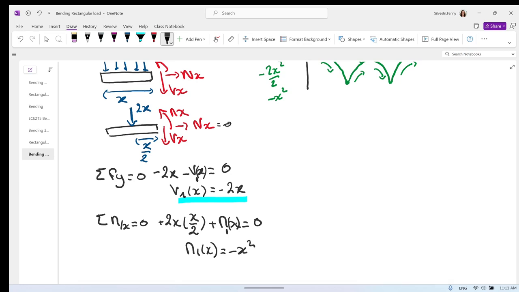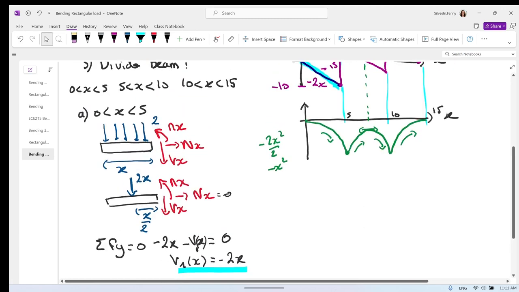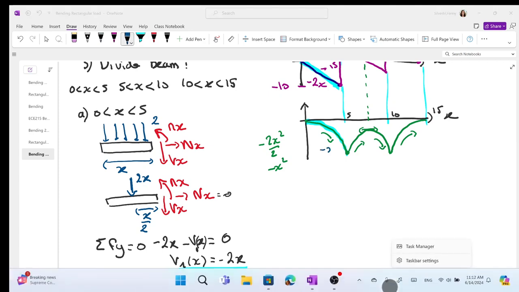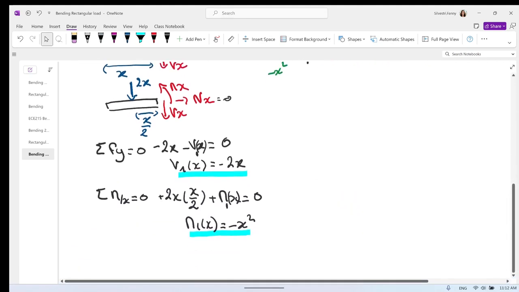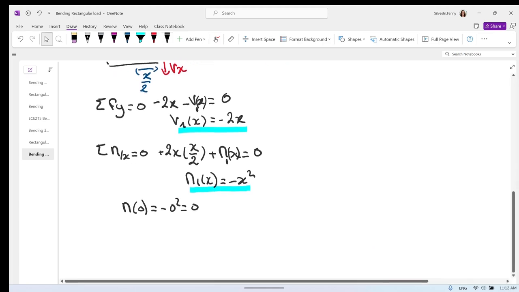Okay. So this equation there is this one. This is minus x squared. And we can find the value of the moment with that equation. So the moment at 0, we get minus 0 squared equals 0. That's normal. There is no outside moment.